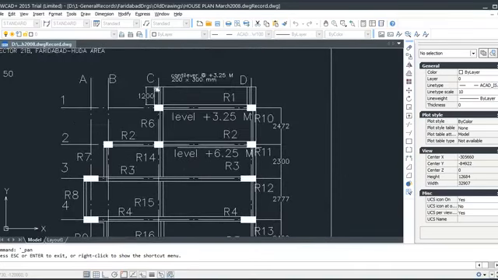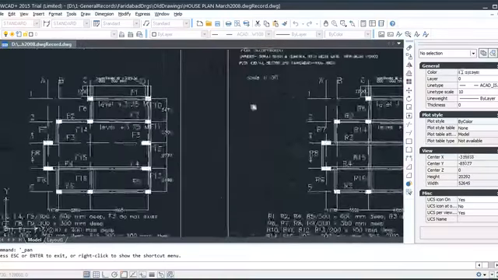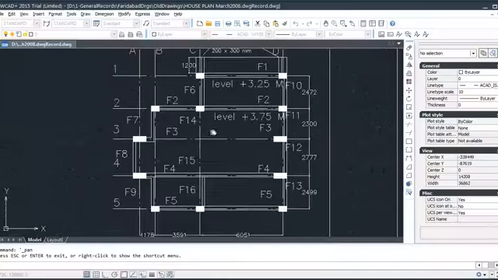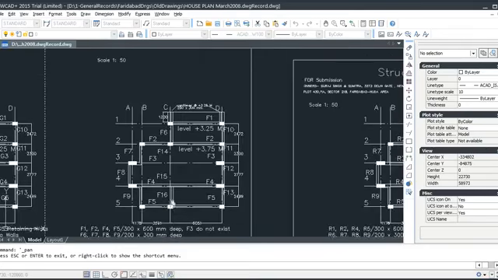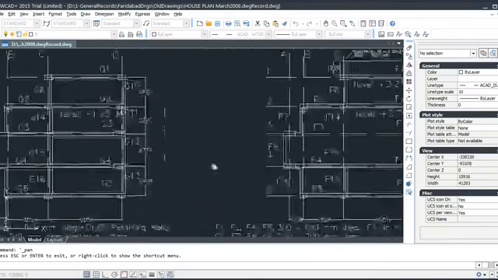These are all given here with ABCD grids and 1, 2, 3, 4, etc. And also here, same at a different level, separate plans are here. You can see these columns and beams, connecting beams, all here. And various sizes are also given.